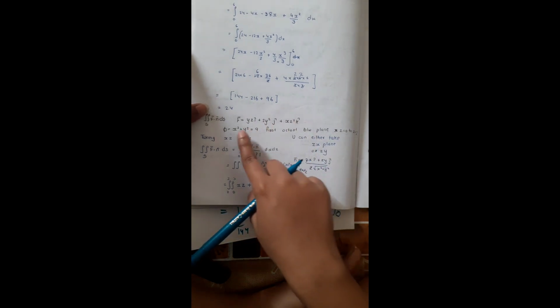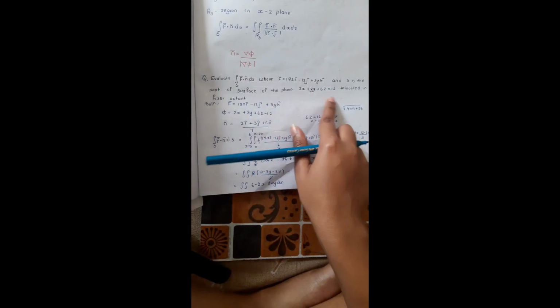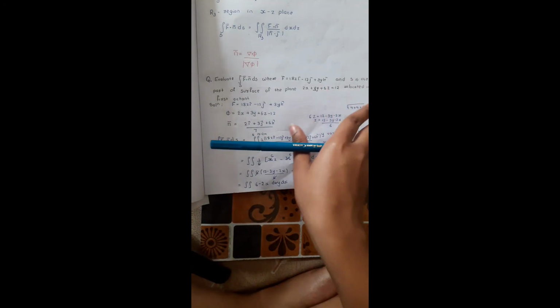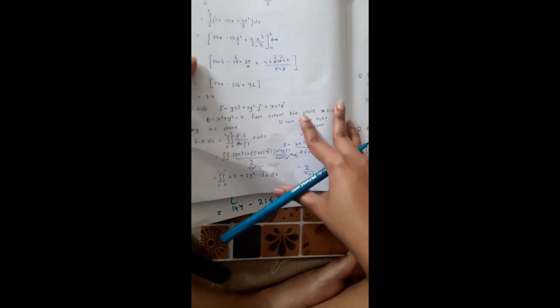Over here we can either select zx plane or zy plane. Okay, because earlier we had been given the phi equation in terms of all variables, so we didn't have any restriction and we could substitute anything. But over here we have been given in xy terms, so either we can take x as unknown and replace it in the equation, or y as unknown and then replace it in the equation.